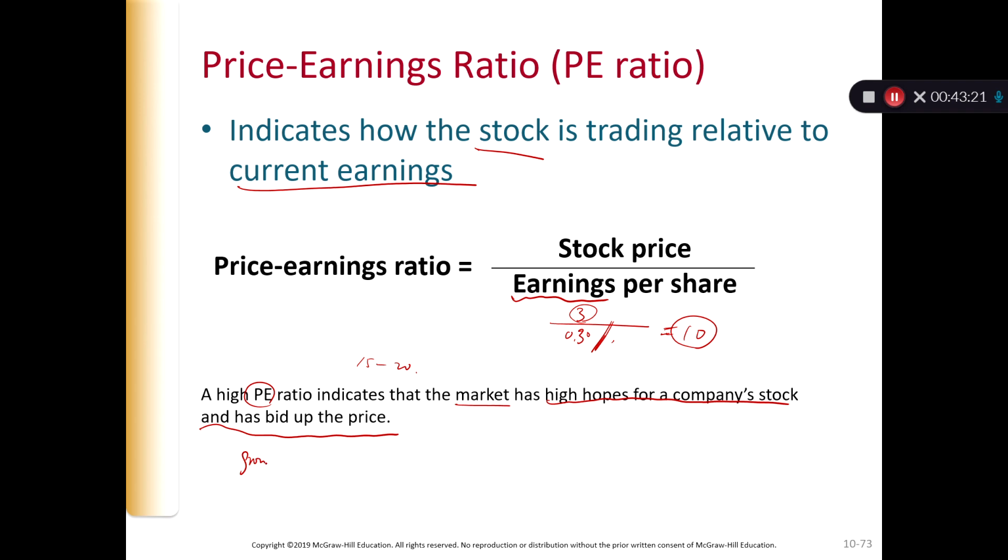So if you feel a company has high growth potential, its PE ratio is going to be really high, because the stock price is high in relation to current earnings as investors expect a better return in the future. However, for value stocks, as we sometimes call them, the PE ratio is pretty low. The low price in relation to earnings may be justified because of poor future prospects, or it may be because the stock is undervalued by the market.